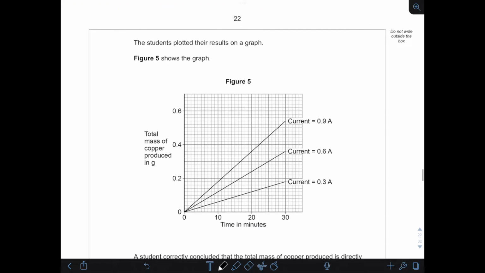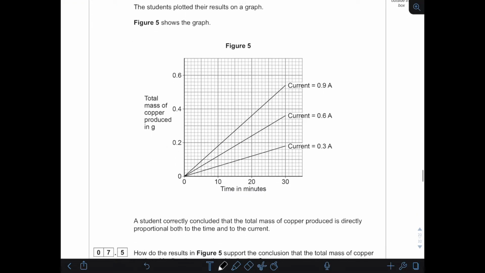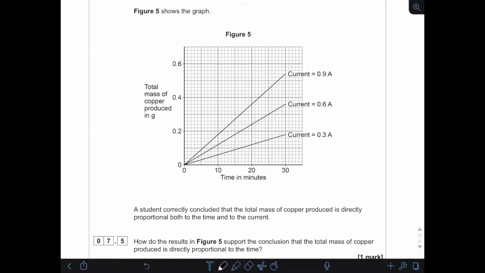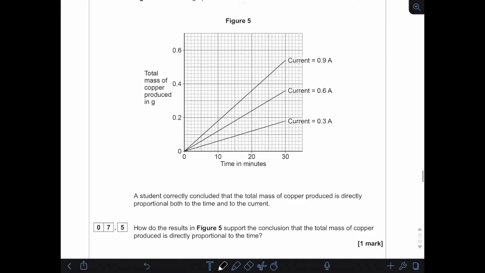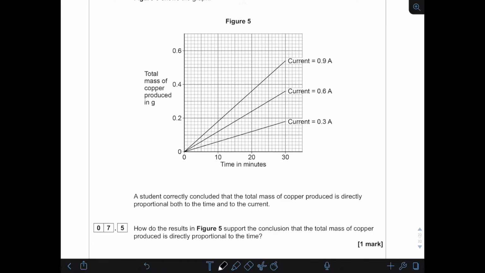And now we have a graph. So how does the result in figure 5 support the conclusion that the mass is directly proportional to time? When you are saying directly proportional in terms of a graph, you're looking at a straight line graph from the origin.